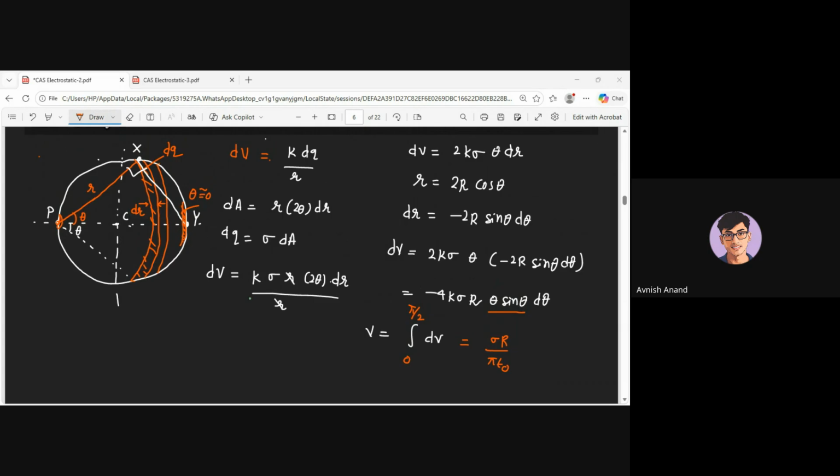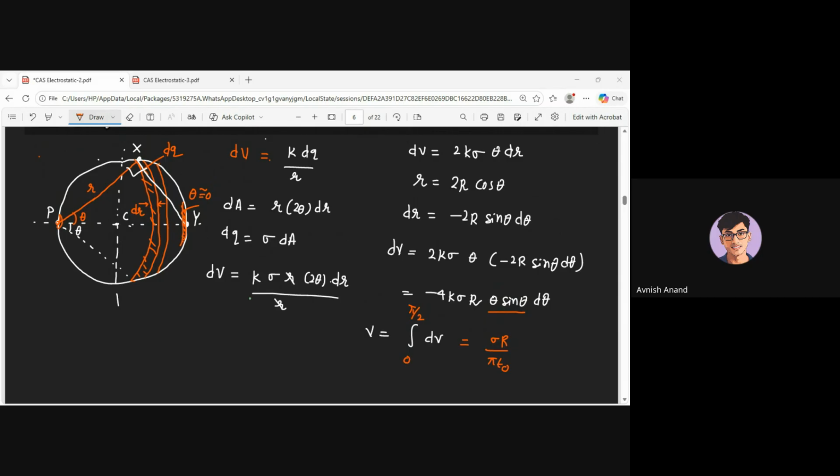For the same question, can we take a bunch of rings from the center, and then when we integrate, find the equation and its potential at P? From you mean to say a complete ring, with C as the center, and we keep expanding?